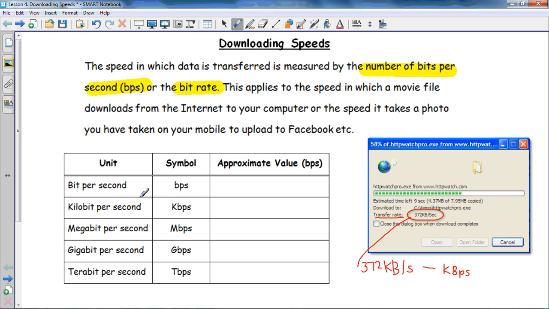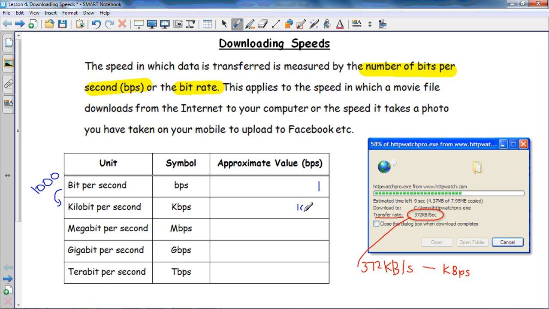So here we're talking about the definition of a bit per second in terms of bits per second. That's 1 bit per second. Now, what are we talking about when we then go to kilobits per second? So how many bits per second in a kilobit per second? In this case, our kilo means 1,000, just like our kilogram or our kilometre, but not like our kilobyte, which is 1,024.